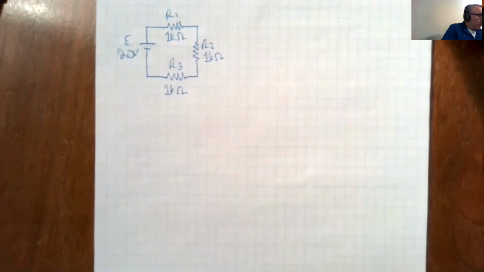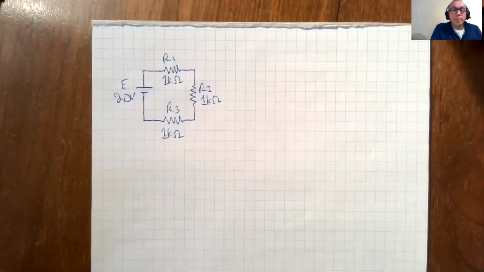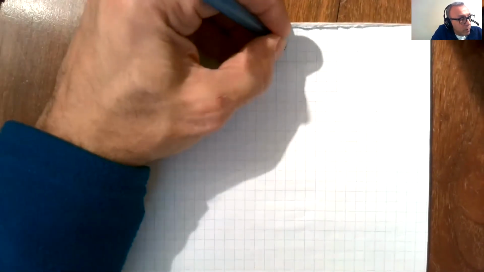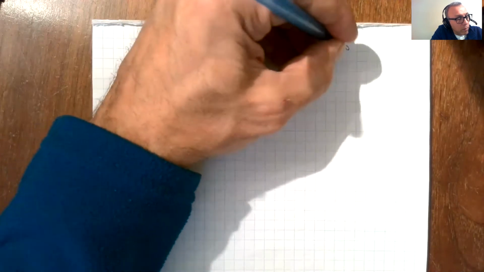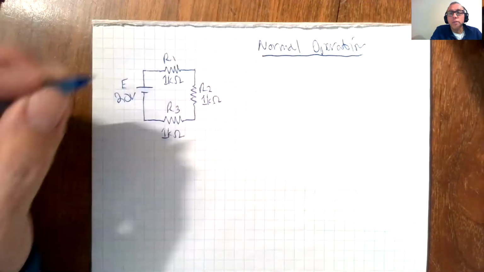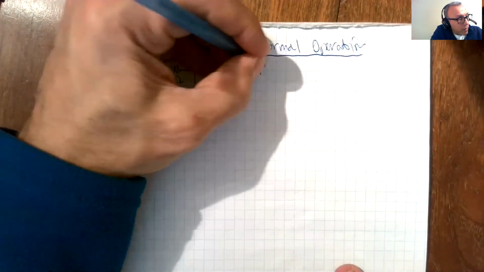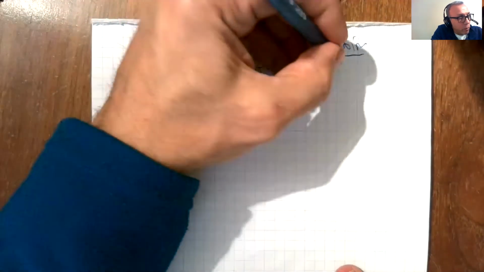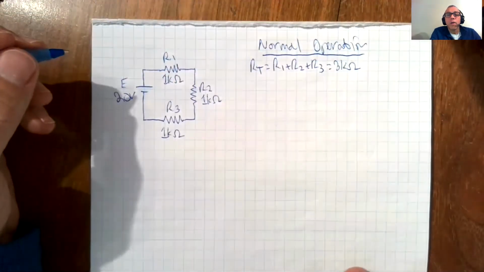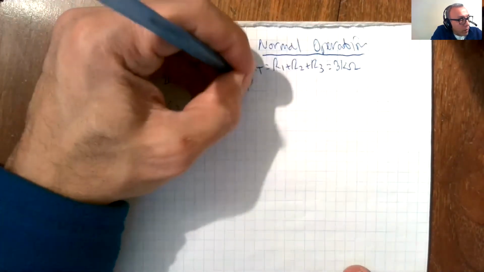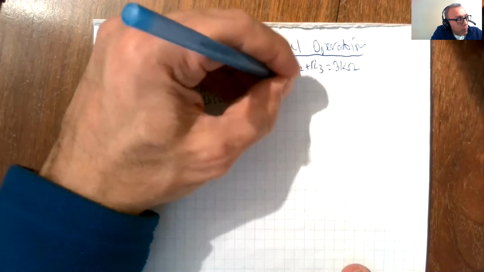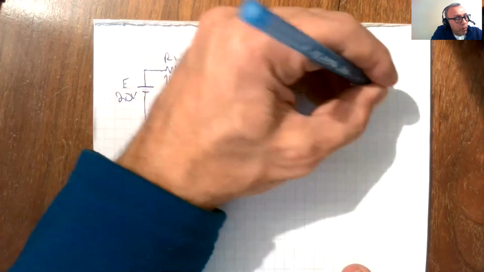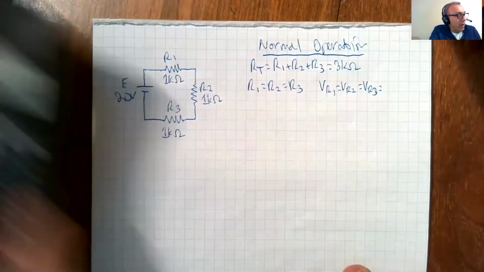Now, for an open circuit, this circuit here, in normal operation, we know that RT is equal to R1 plus R2 plus R3, which is equal to 3K. All right, we know R1 is equal to R2 is equal to R3. So we know that VR1 is equal to VR2 is equal to VR3, which is equal to 20 divided by 3.